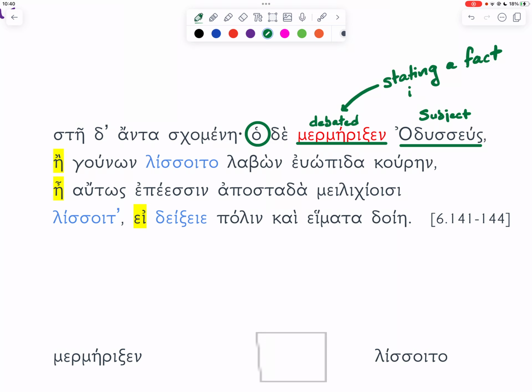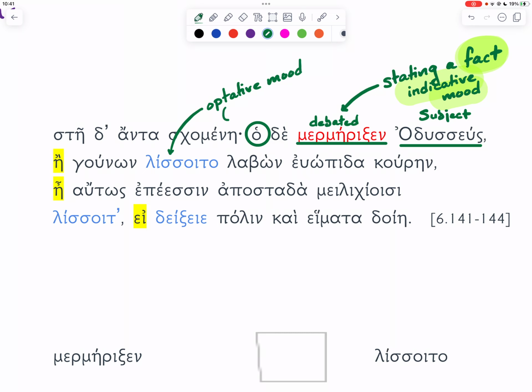When you have a verb that's stating a fact, that is called the indicative mood. So for those of you who forgot what indicative mood means, that's what it means. When it is theoretical or not actually happening, that's when you use the optative mood.